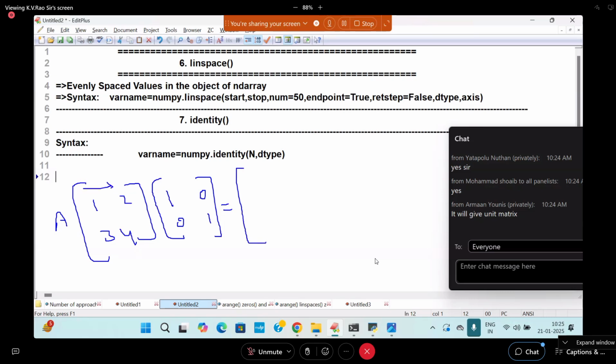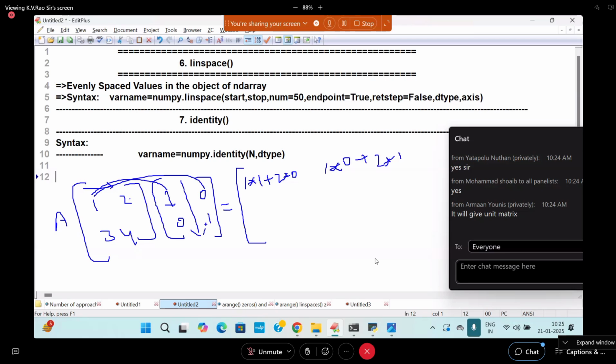Every row is multiplied with every column. 1 into 1, and 2 into 0. You know matrix multiplication from your 10th class. If you don't know 10th class, we are helpless. Next, 1 into 0 plus 2 into 1.